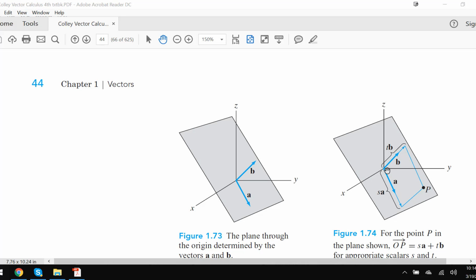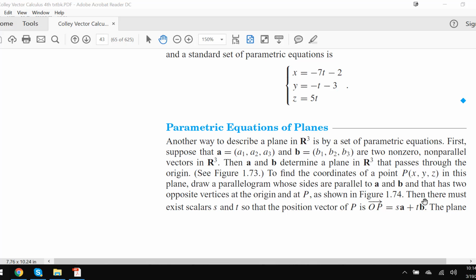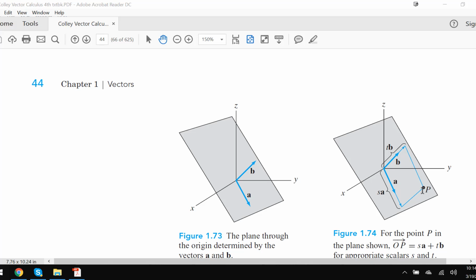In the parallelogram we have this vertex and the opposite vertex P, and they're both in the plane. Next they observe that there must exist scalars S and T so that the position vector of P, here's P, you go a certain amount out in this direction and then a certain amount down in this direction, and you'll get to P.